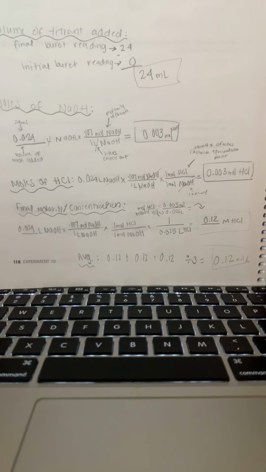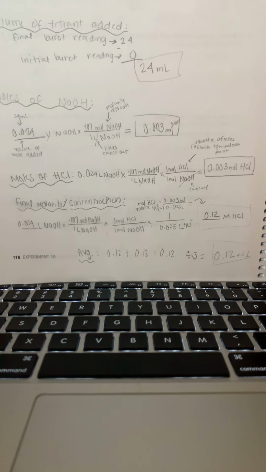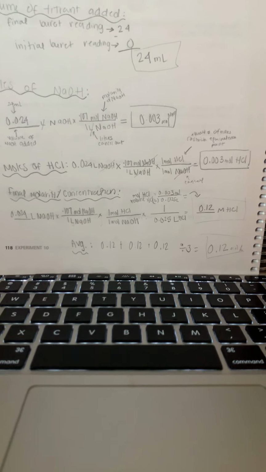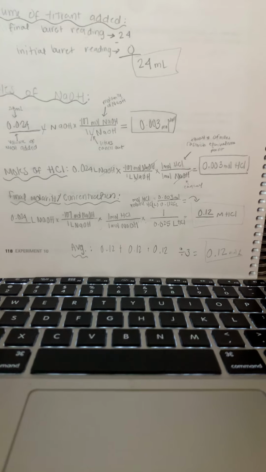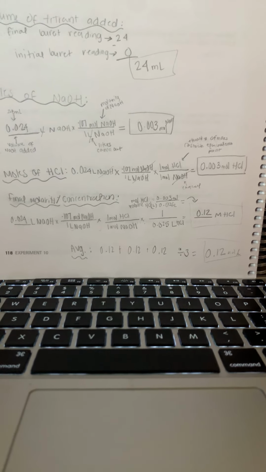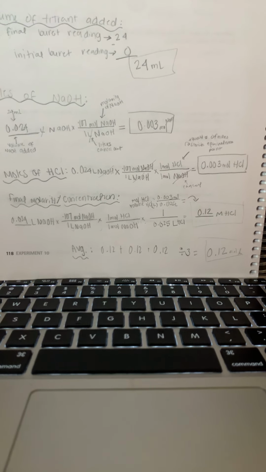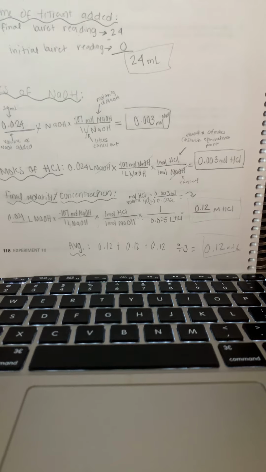And then we multiplied it by the 1-to-1 mole ratio again of 1 mole of hydrochloric acid divided by 1 mole of sodium hydroxide. And then we multiplied it by 1 over the 0.025 liters of hydrochloric acid, which was given to us.